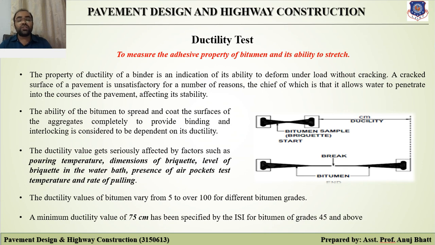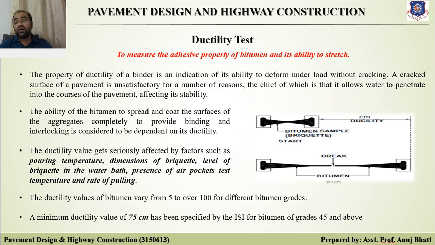The ductility machine functions as a constant temperature water bath with a pulling device at a pre-calibrated rate. Two clips are thus pulled apart horizontally at a uniform speed of 50 mm per minute.